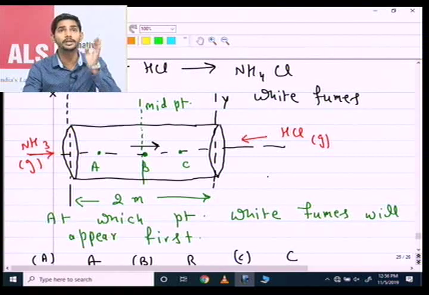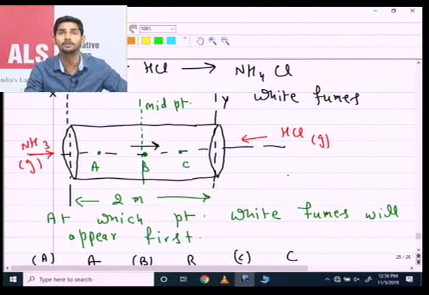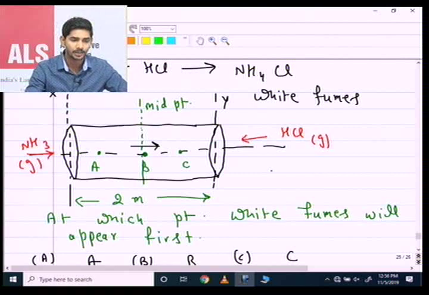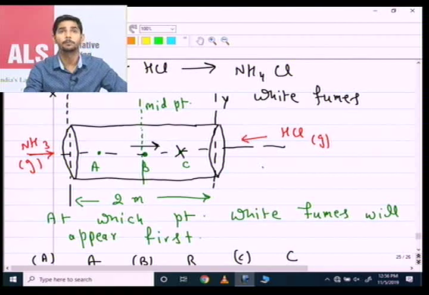It means that ammonia will cross the midpoint, and after the midpoint, only one option is given to us, which is C. So what will happen? At point C, both gases will combine with each other and form ammonium chloride, which represents the white fumes.